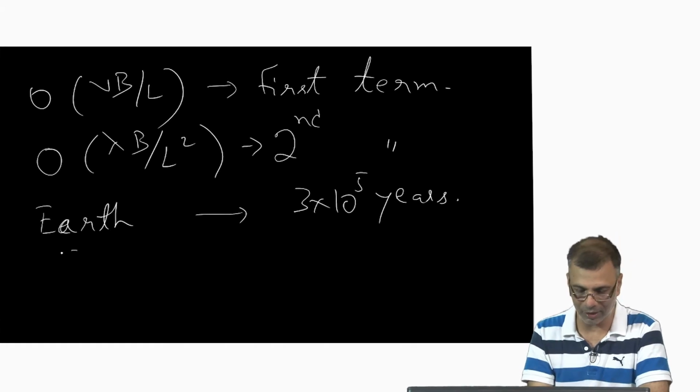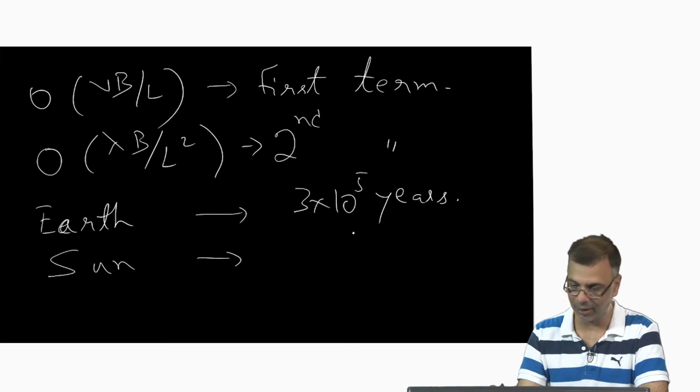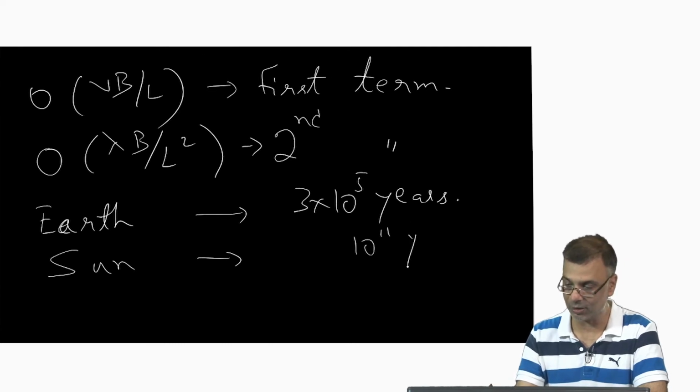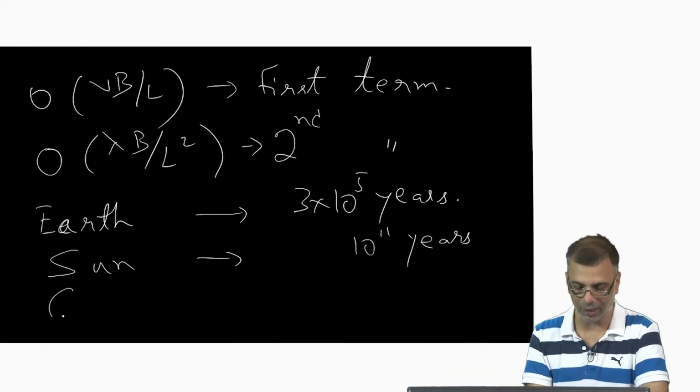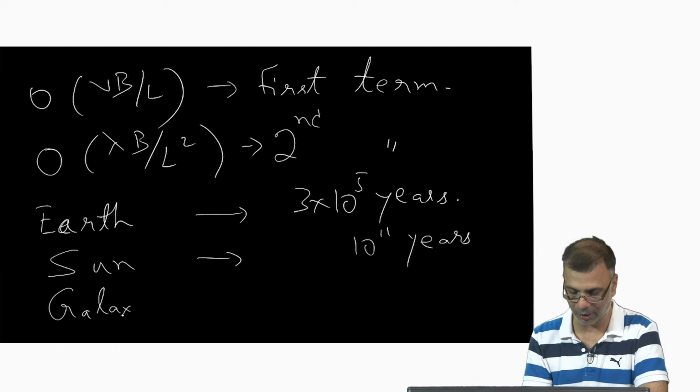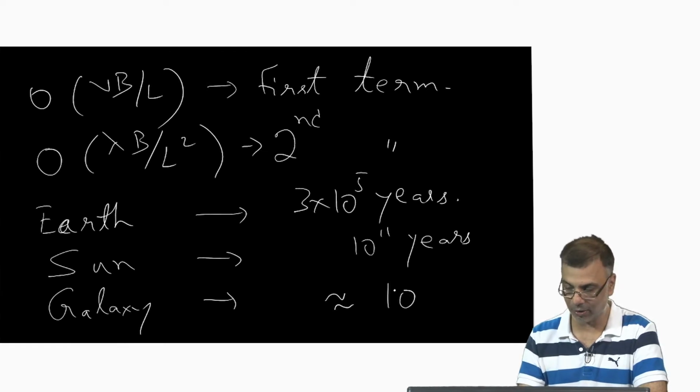For the Sun, it is something like 10 raised to 11 years if you put in the appropriate numbers. And for our Milky Way galaxy, it's something like 10 raised to 23 years, really huge.